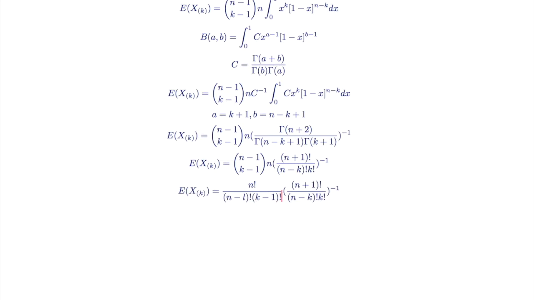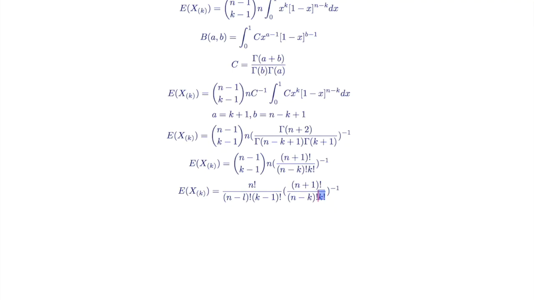And this is inverted, so let's just flip this. We're taking the inverse here, so I'm just going to flip this. Write this as n plus 1 factorial.